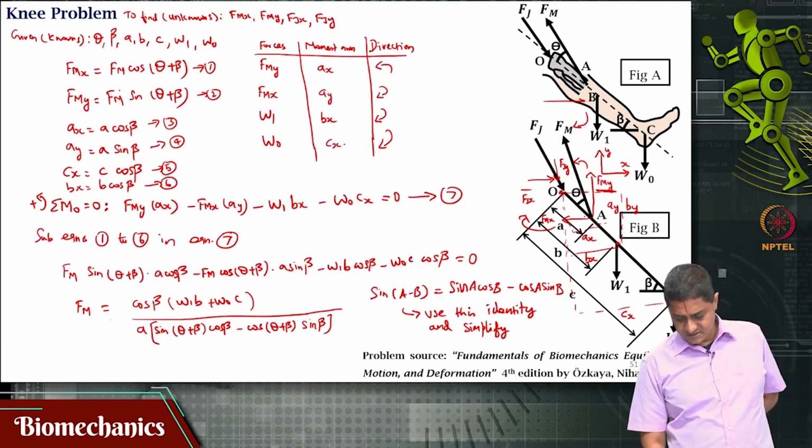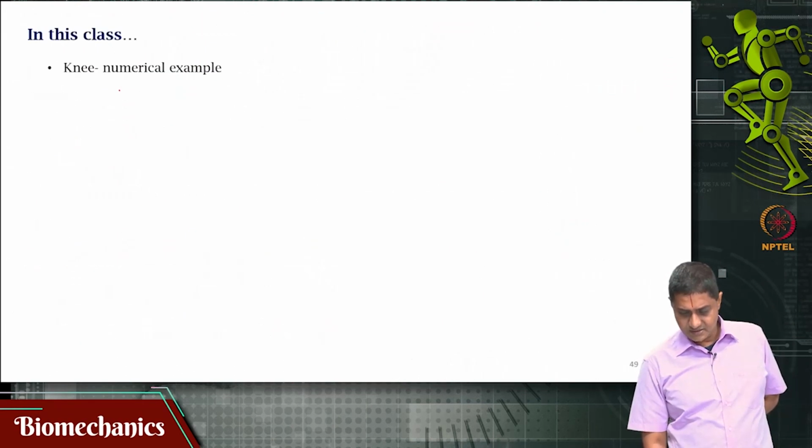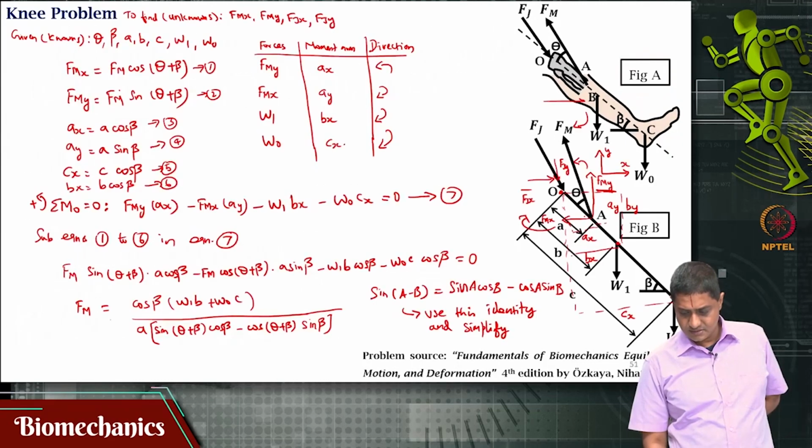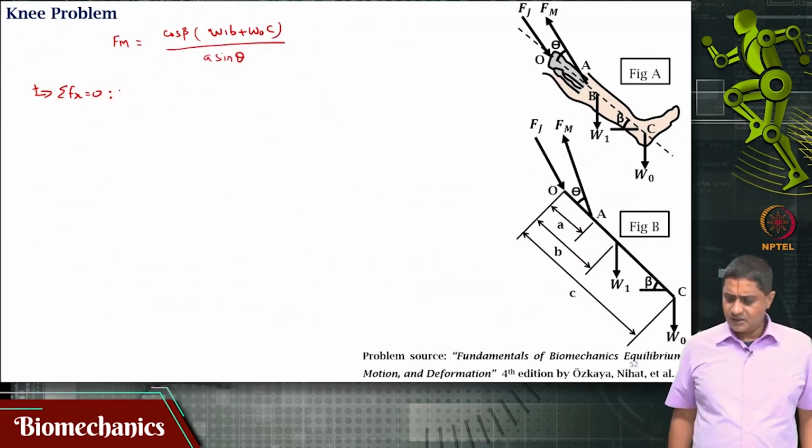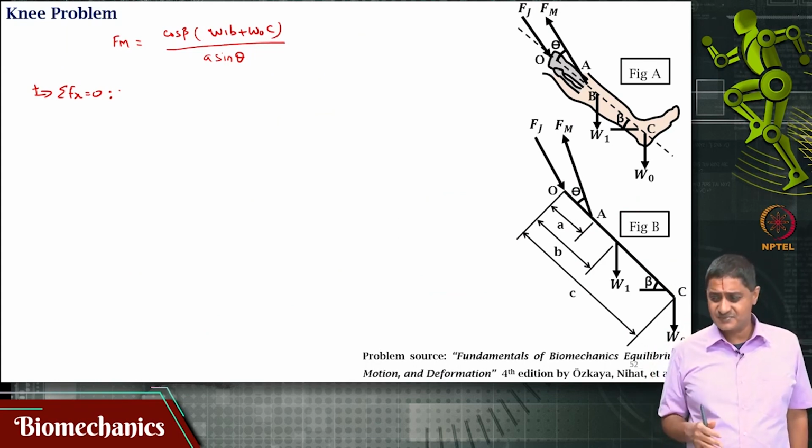From the previous slide, what are all the forces in the x direction? There are only two forces in the x direction, Fjx and Fmx. W1, W0 are all in the y direction.